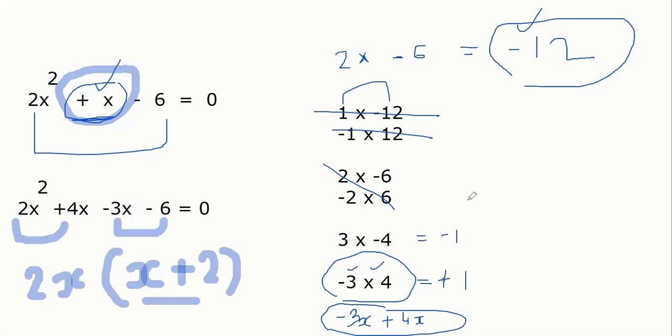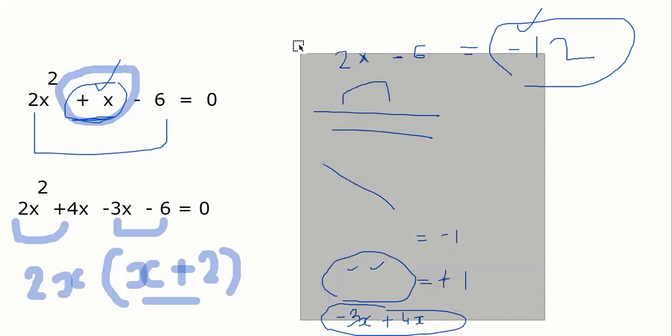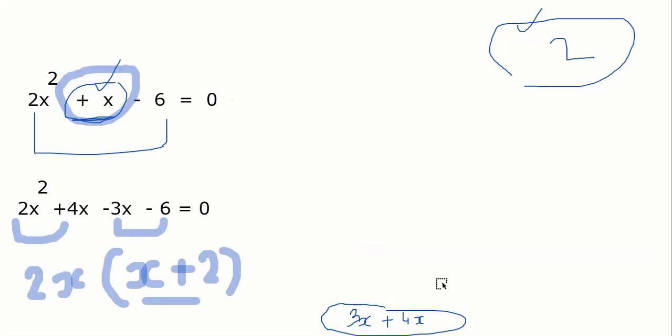Minus 3. Exactly. So let me remove other things. And then we'll solve 3-4 questions so that if you have any doubt, you can easily get it, because once you master splitting the middle term, it is very easy.